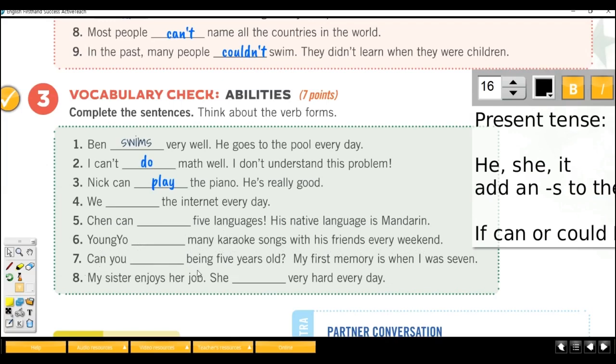Can you something being 5 years old? My first memory is when I was 7. Okay. Can you?